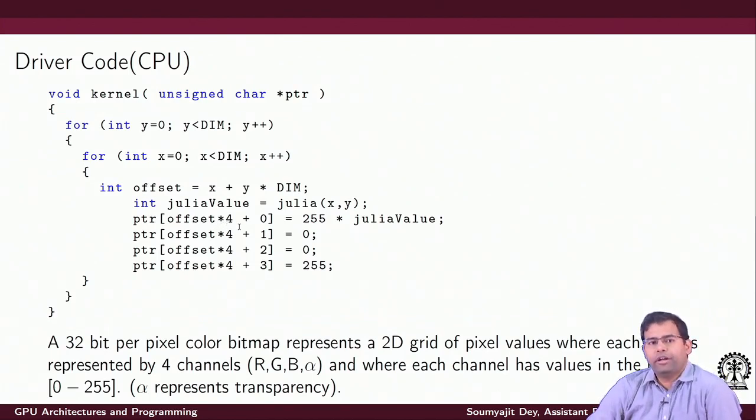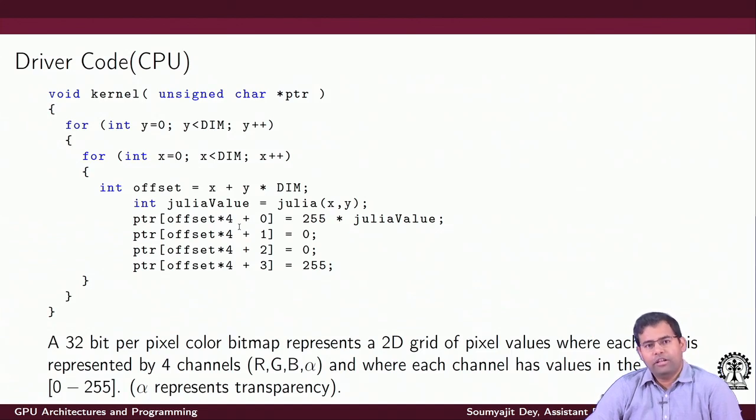Essentially, in standard bitmaps, a 32-bit pixel color bitmap is represented by a 2D grid of pixel values, and each pixel has its color represented in terms of 4 channels.